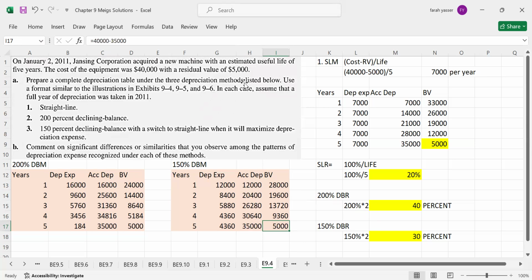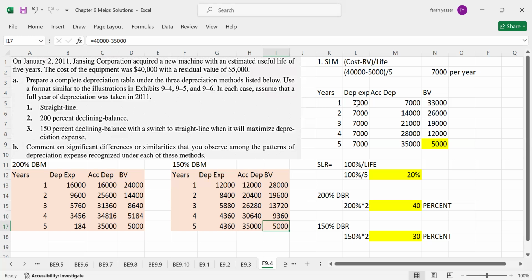And one thing that is required in part B is the difference or similarities in these three methods. First of all, the first method is entirely different from the next two methods. In the first method, which is straight line based, depreciation is the same for all years. At the start of this lecture, we learned that the depreciation expense remains the same, or is divided evenly throughout the life of the asset.